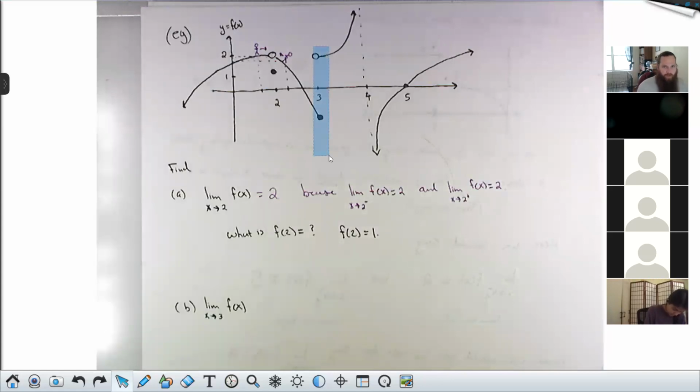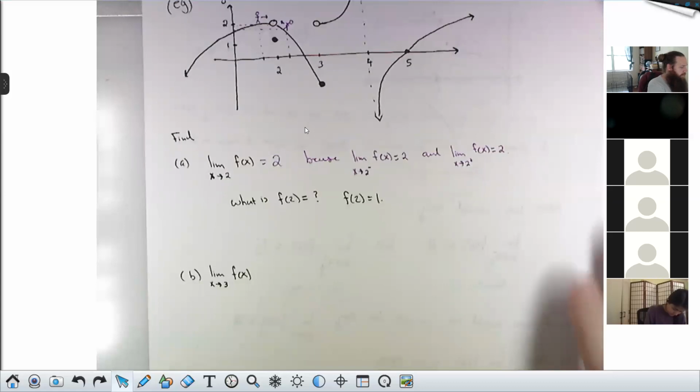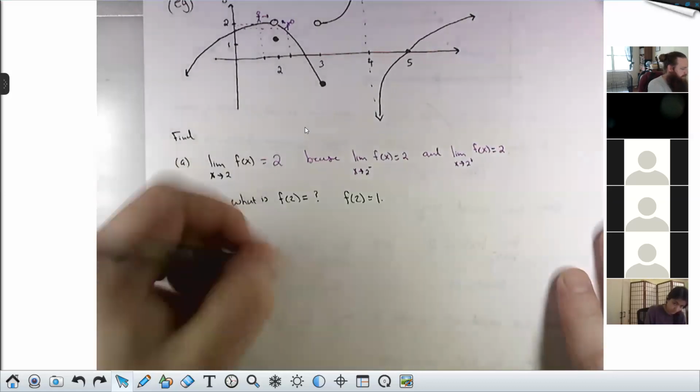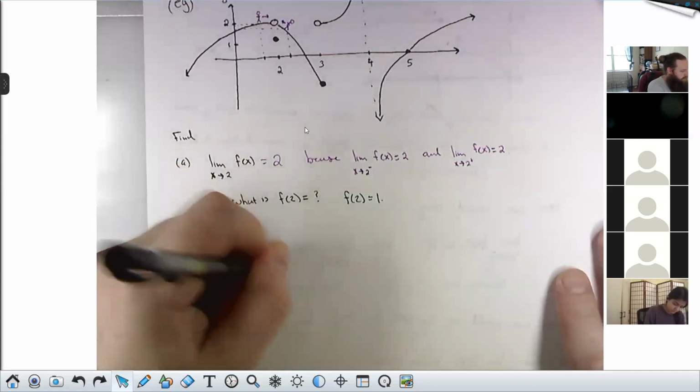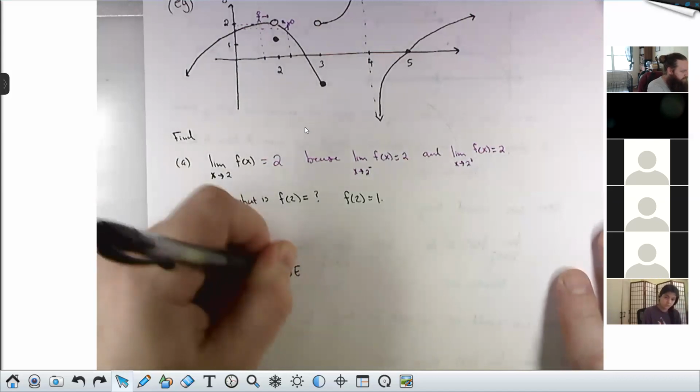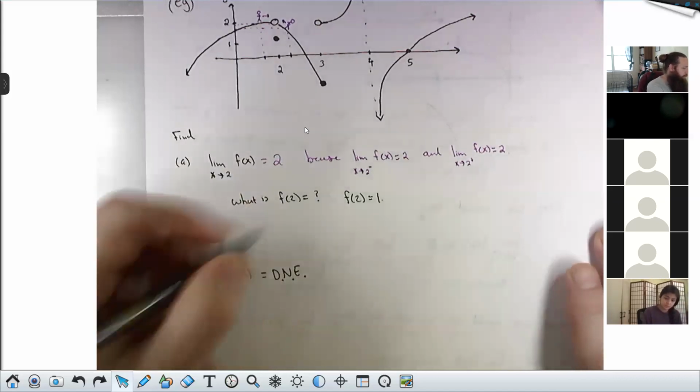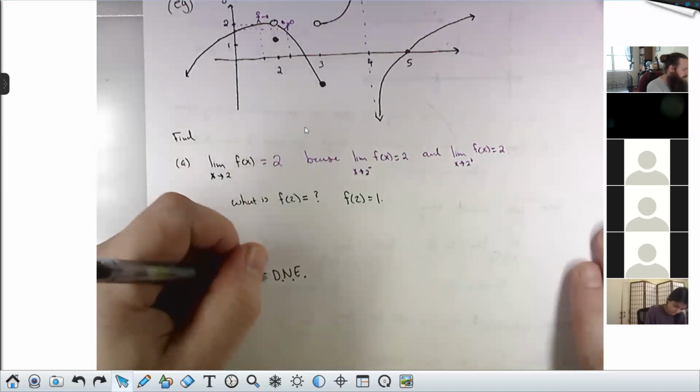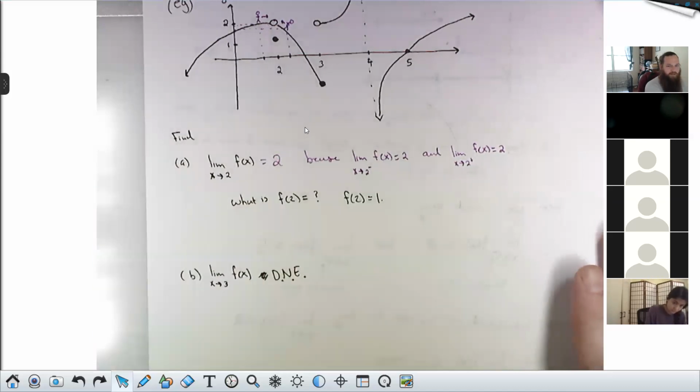What's going on at 3? Undefined. Yeah, I would say that this limit fails to exist. The way you're going to write this usually is as DNE, does not exist. It's a little bit weird to say equals DNE. You can just say that limit does not exist.